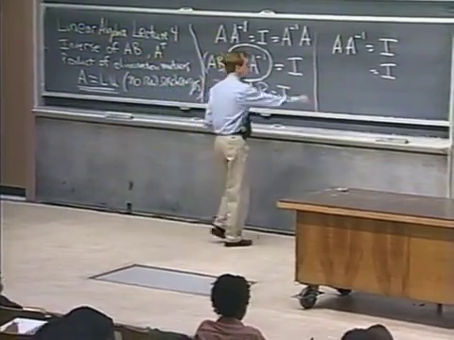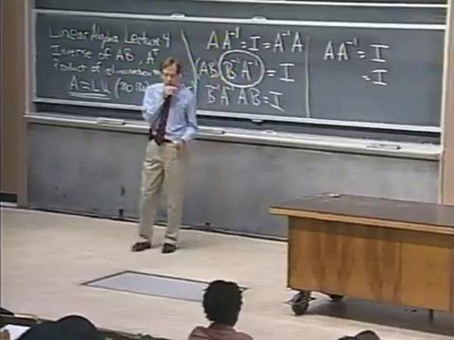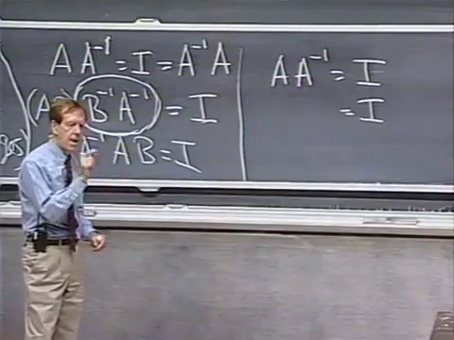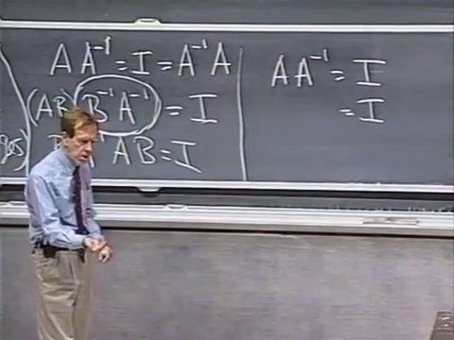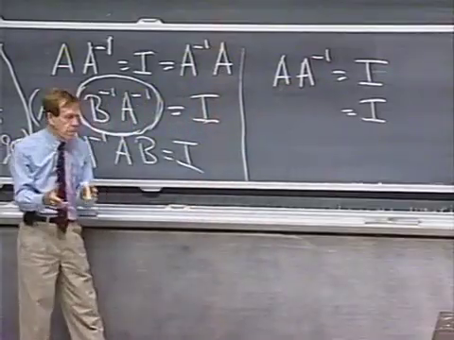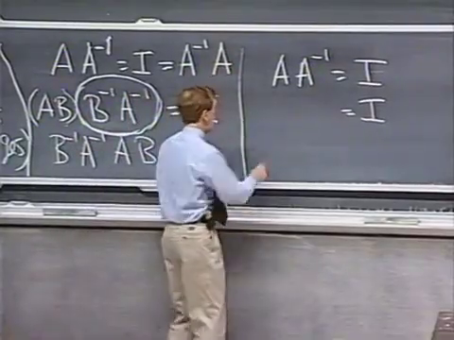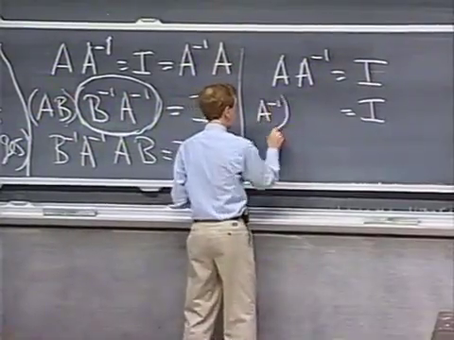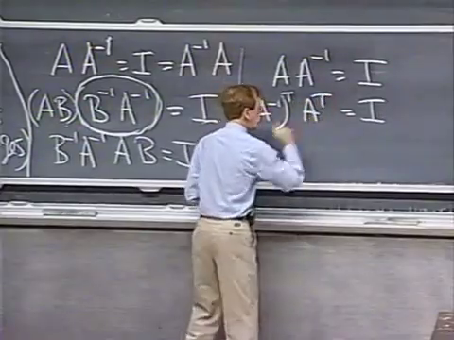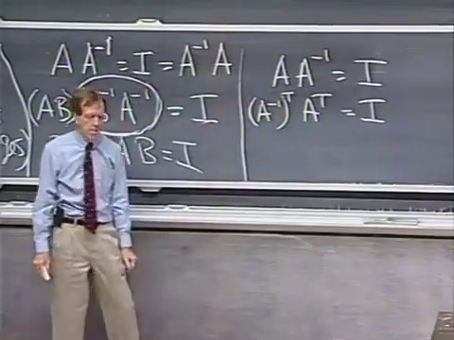If I transpose these guys, that product, then again it turns out that I have to reverse the order. I can transpose them separately, but when I multiply, those transposes come in the opposite order. So it's A inverse transpose times A transpose, giving the identity. So this equation comes directly from that one.